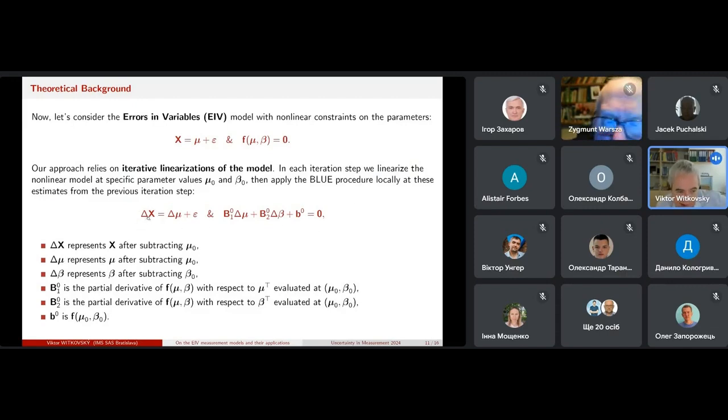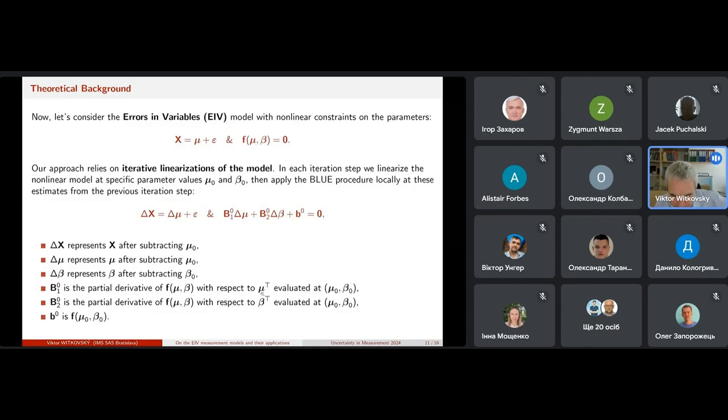The measurements delta x represents x after subtracting this initial value mu0. Delta mu represents the unknown parameter after subtracting mu0. Delta beta represents the parameter beta, our measurand, after subtracting the initial value beta0, and the matrices B1, B2, and vector b0 are derived from the restrictions by calculating the partial derivatives.